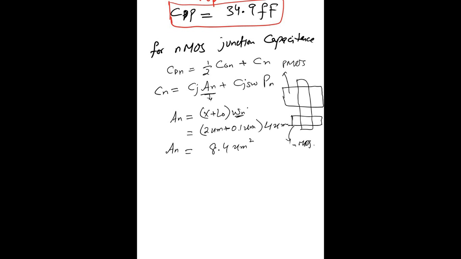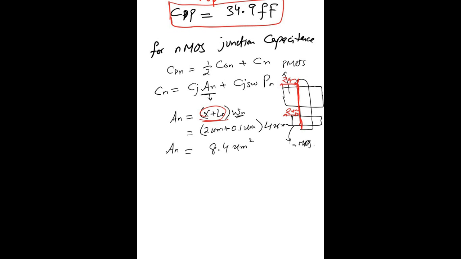We observed that the X value at these points is the same for the NMOS as well. This is 2 micrometer and this is also 2 micrometer, and similarly the L naught overlapping is also the same for our NMOS and PMOS. So we are using the same values for our X plus L naught calculations.